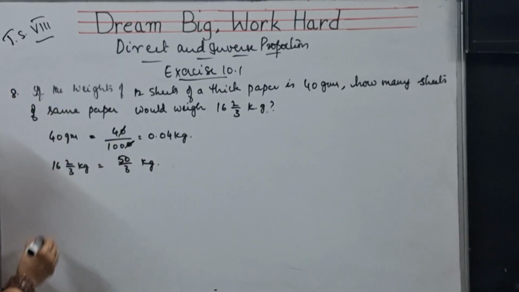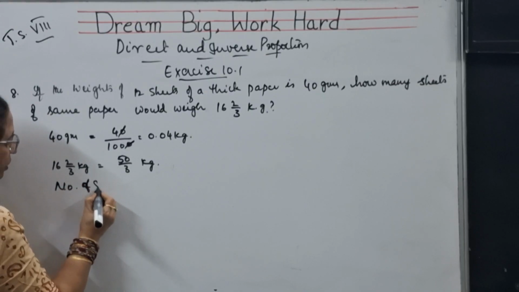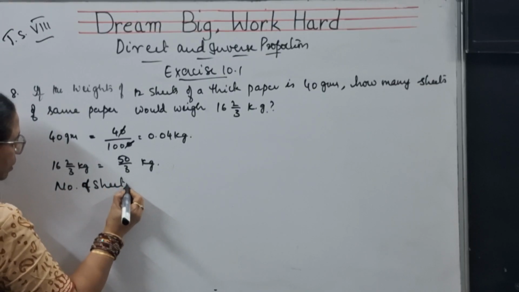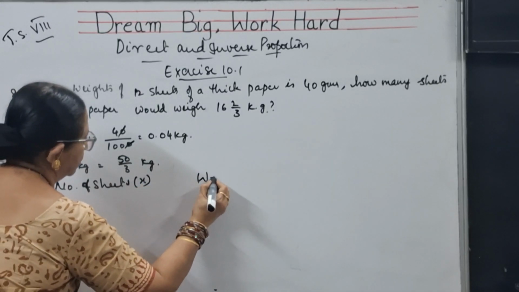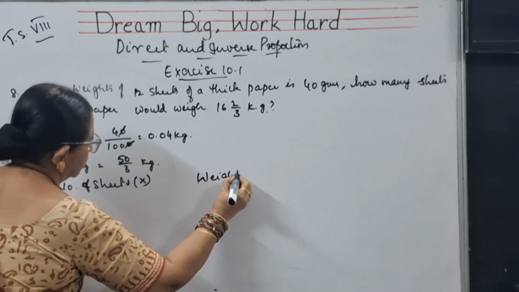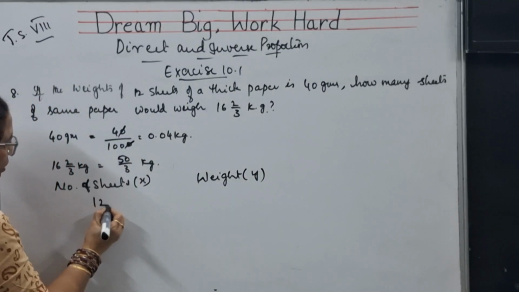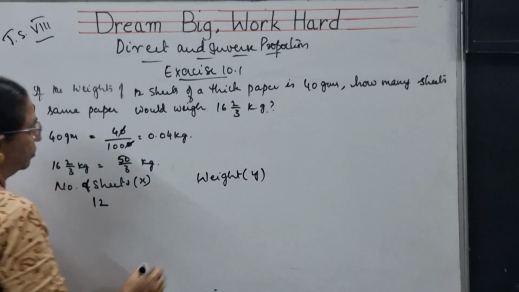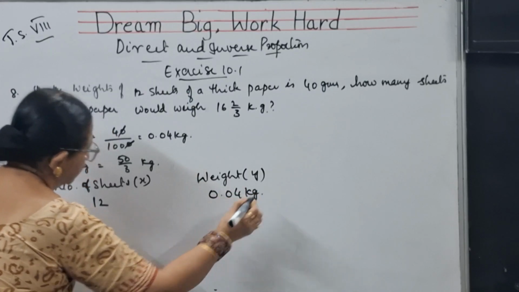So, the number of sheets, let us consider it as x, and the weight, let us consider it as y. 12 sheets is weighing 0.04 kgs.